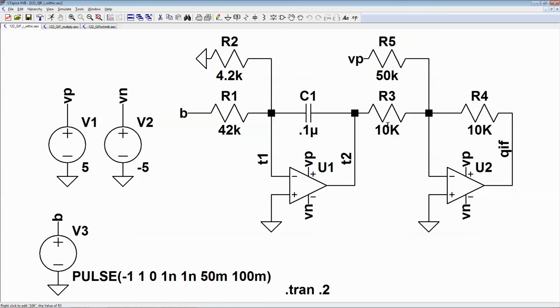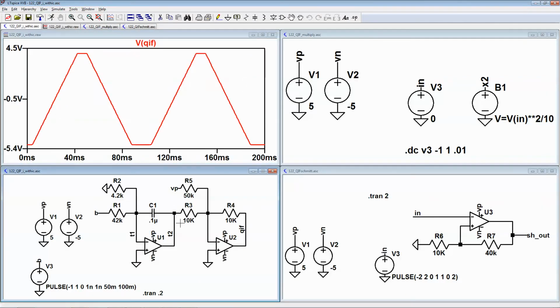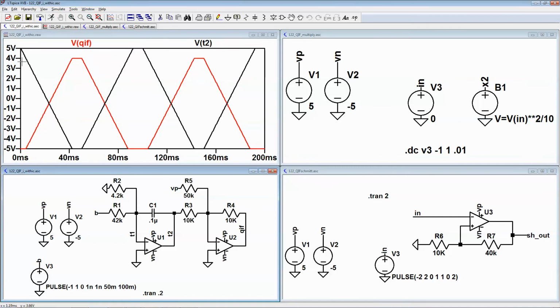It's just easier to see it. Here's the output, and here's the input, and notice it's inverted.